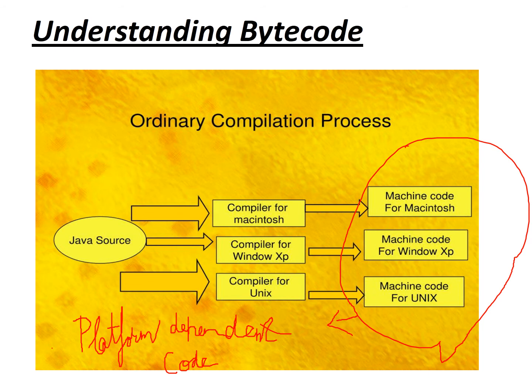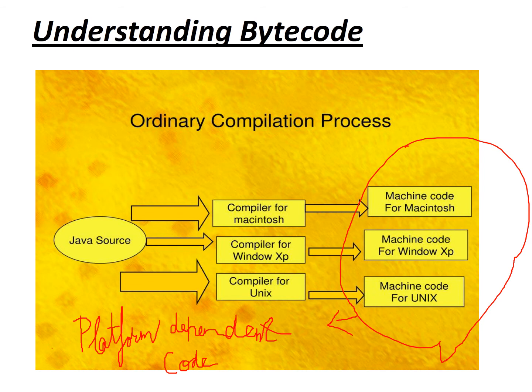And all the machine codes that are produced by the respective compilers will be platform dependent code. Like compiler for Macintosh will produce machine code for Macintosh. Compiler for Windows XP will produce machine code for Windows XP, whereas compiler for Unix will produce machine code for Unix.